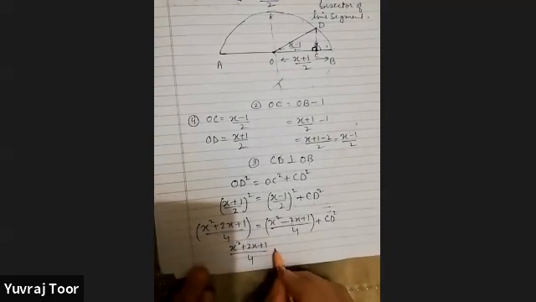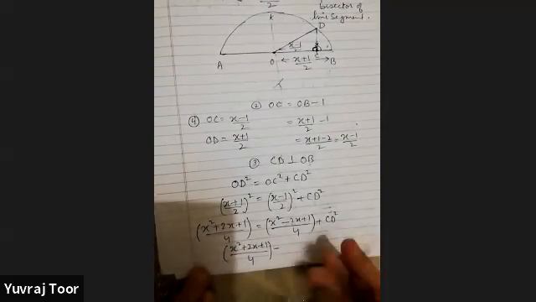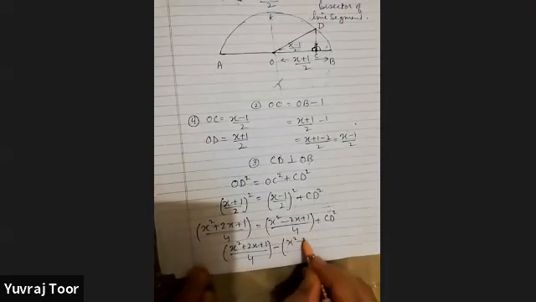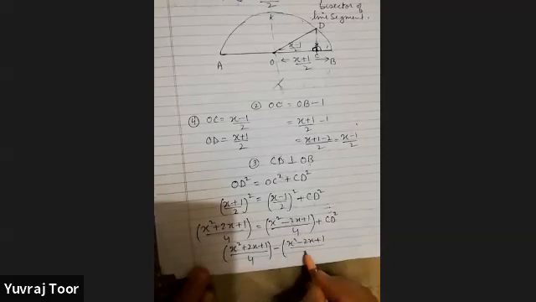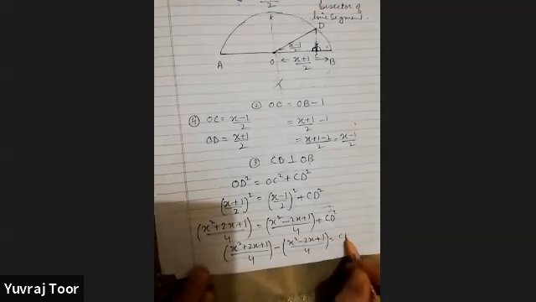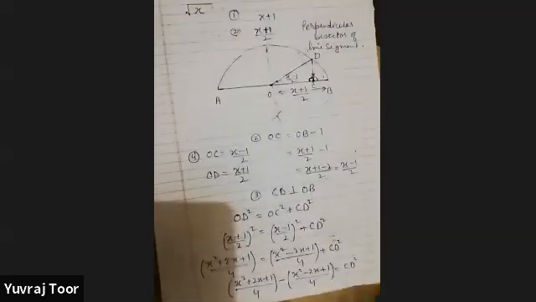So you have to be very careful. This is adding on this side, so I'll take it on the other side and let's subtract the whole of the expression. Now you have to be very careful while solving this.